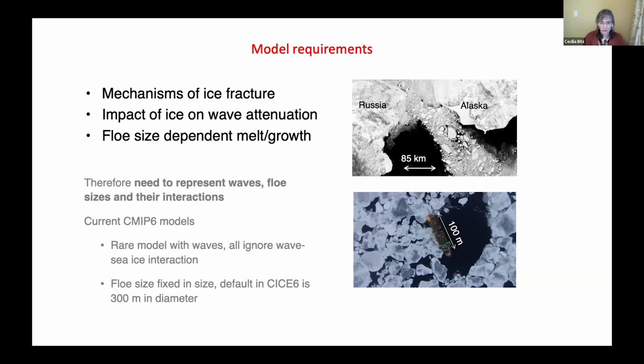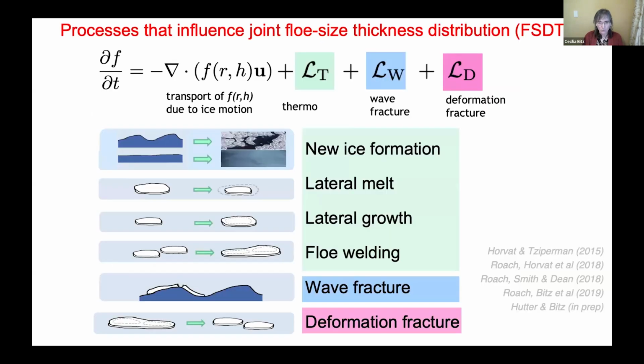So that's fairly large, and we don't think that would give rise to very much ice albedo feedback. I chose a conservative value, so it didn't. And now we can compare with that older method of just setting all floes to 300 meters, which I'll do in my talk today. So we're simulating what we call a joint floe size distribution in the CICE model.